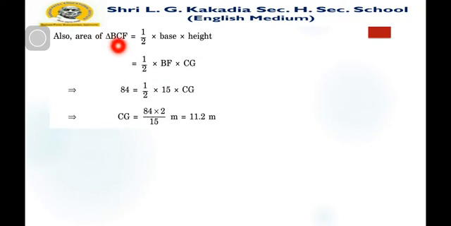We put 84 is equal to half into 15 into CG. So CG will be 84 into 2 by 15, which is equal to 11.2 meter. So we have the height of the trapezium, it is 11.2 meter.